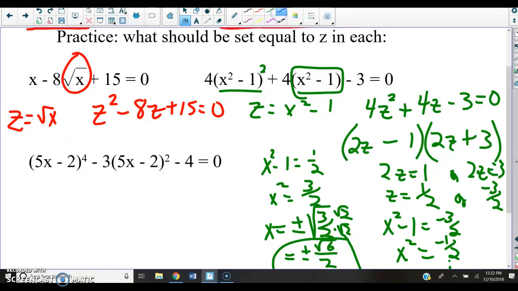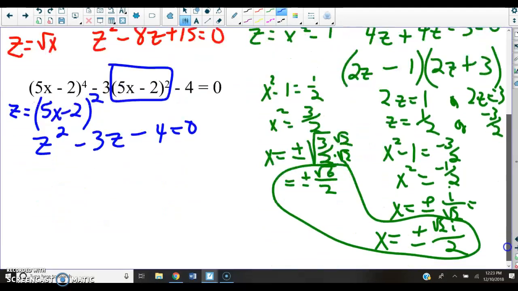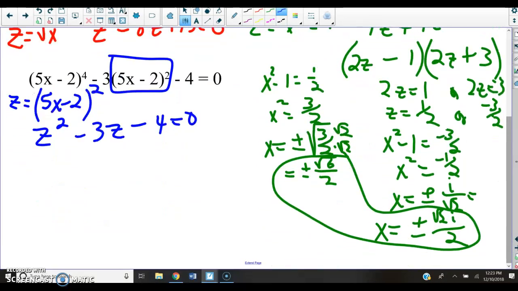Okay, this third example, it looks to me like this is what I want my z to be. So z would be 5x minus 2, the quantity squared. So my equation would be z squared minus 3z minus 4 equals 0. Looks like this one will be a little bit friendlier than the other one. So that would factor into z minus 4, z plus 1.